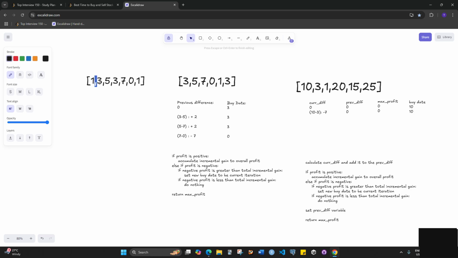It's like +2 +2, that's very good. -2, so the incremental gain doesn't really do much. Here it's going to be a +4 gain. So then if you add it to the previous negative incremental gain, you have pretty much +2 profit.